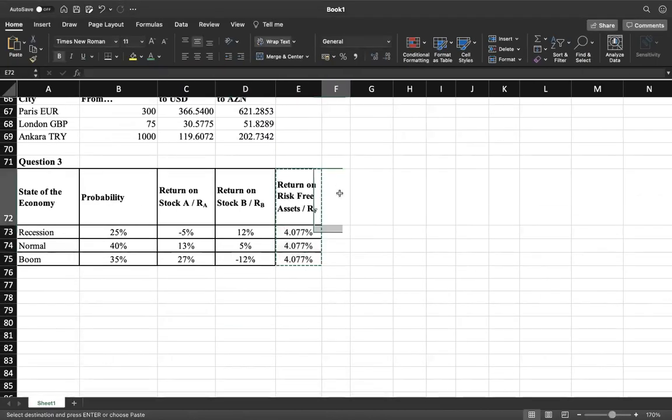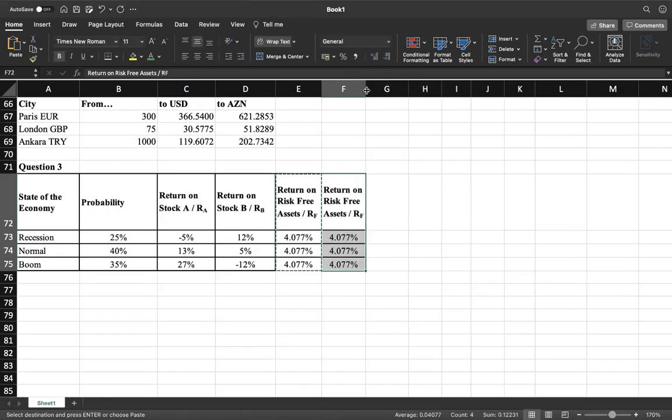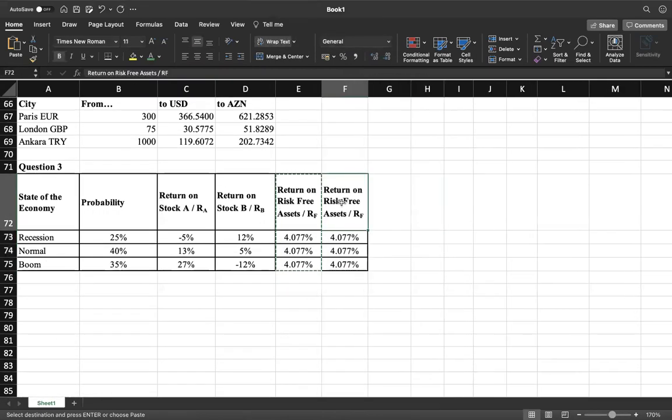Let me copy this from here to here. Let's call this cell return of each state, and I'm deleting them.